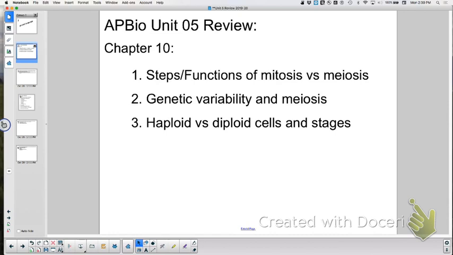What am I separating? The homologous pairs. I'm not replicating the DNA again, but in meiosis 2, I'm going to separate the what? Sister chromatids.